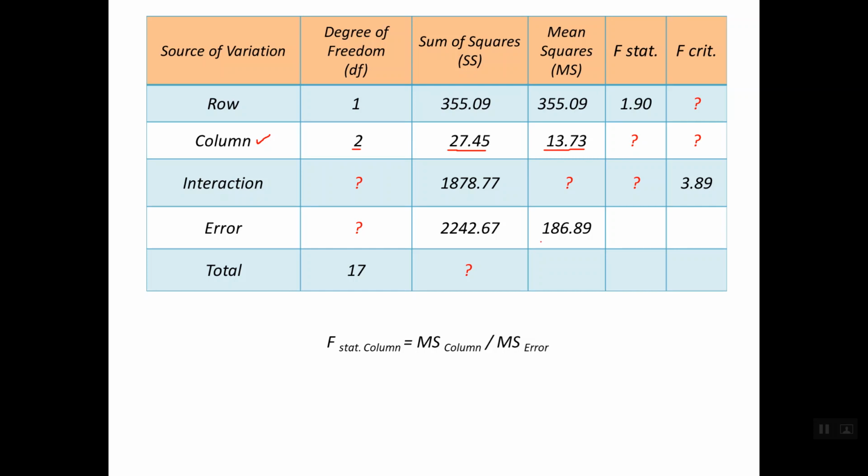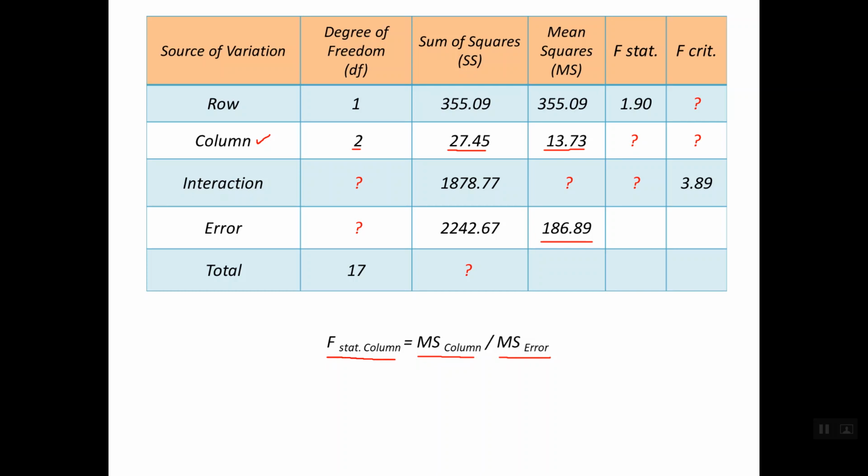But notice that the value of the mean square for the error is already known, it is 186.89. So we know the formula to calculate the value of F. The value of F for any factor is simply dividing the mean square of that factor by the mean square of the error.